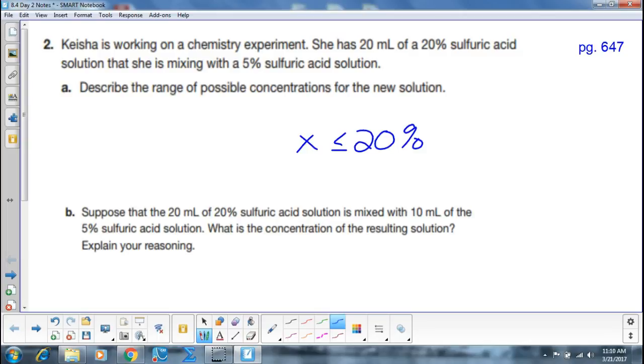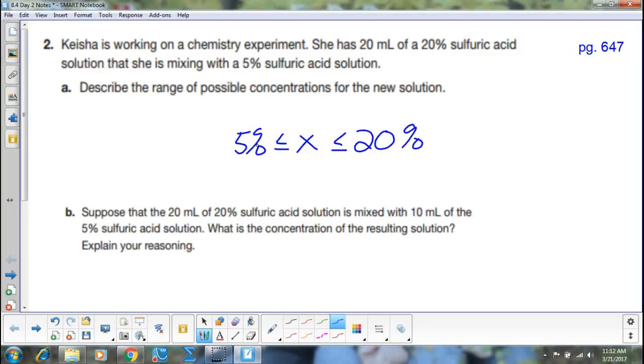If we pour a lot of apple juice into my cup, apple juice is 5%. If we got an Olympic swimming pool size of 5%, and we pour that into my cup, what's the percentage probably going to be of acid? 5%. Okay, so that's my range of values.